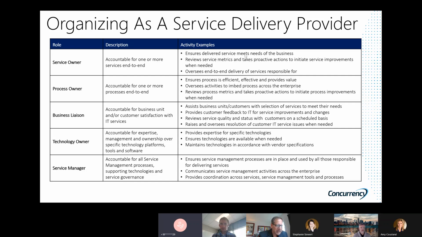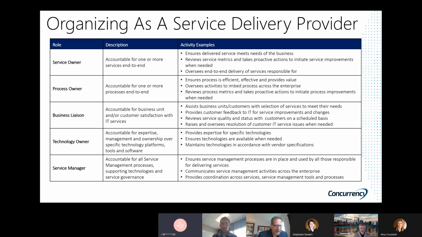Having business liaisons that reach out into the various business organizations. Are the services we're delivering meeting the needs? Are there services that we're going to need to provide that we don't today? Or do we have problematic services that need to be improved or fixed in some way? The technology owners own technology stacks, so they are accountable, as most organizations tend to have today, for various types of technologies, and they provide the expertise that's needed underneath that.